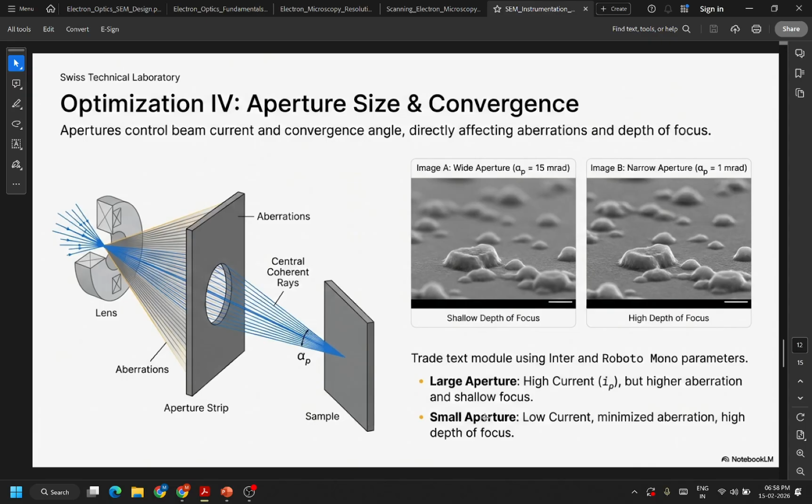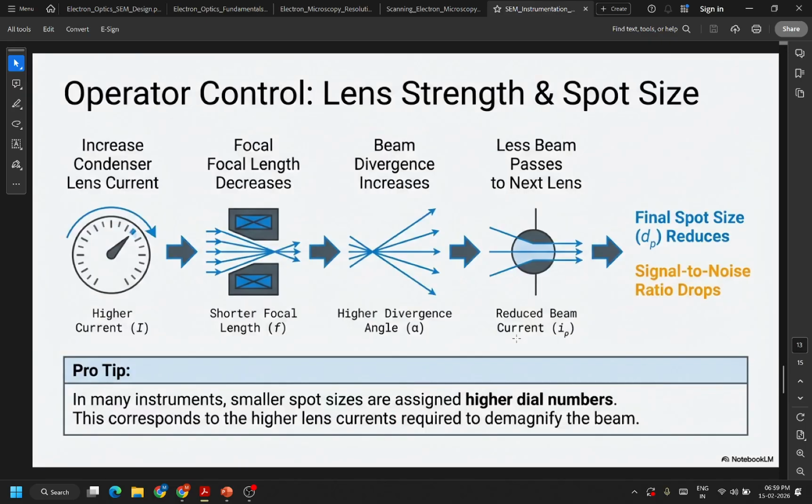But if you have a smaller aperture, your current will be lower and your aberration will be minimized, but your depth of focus will be higher.